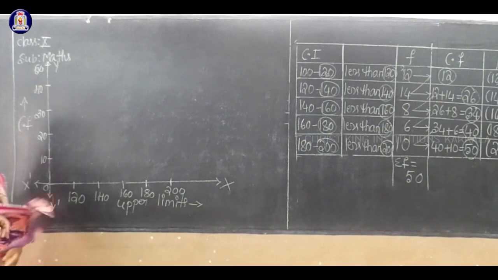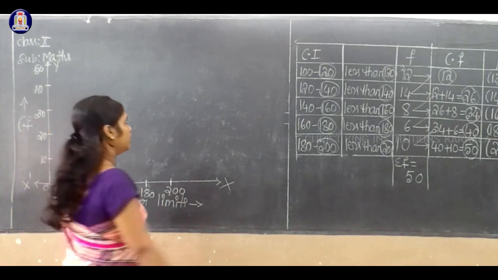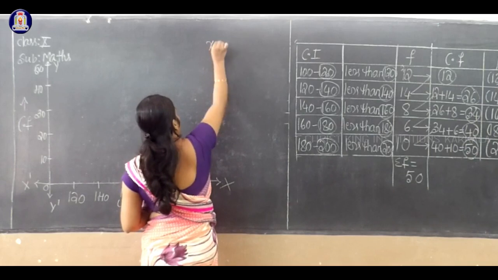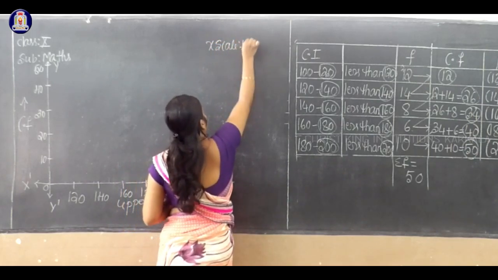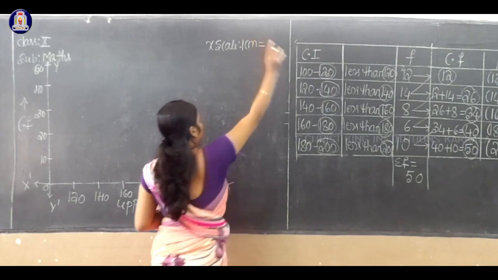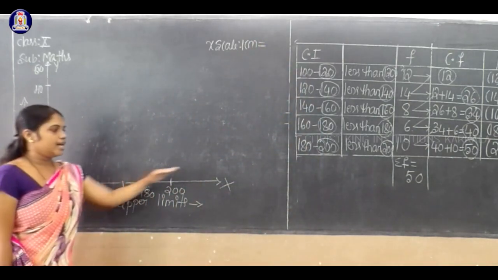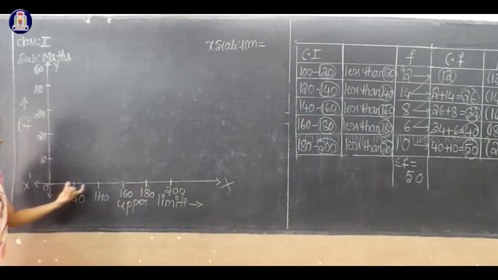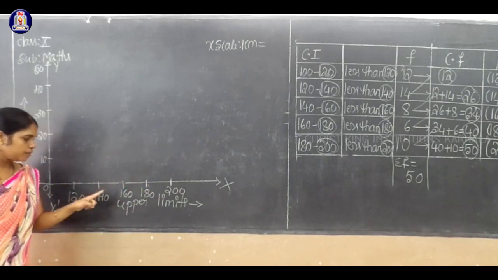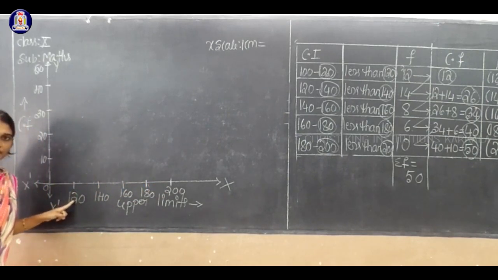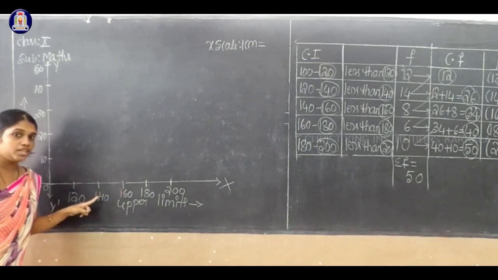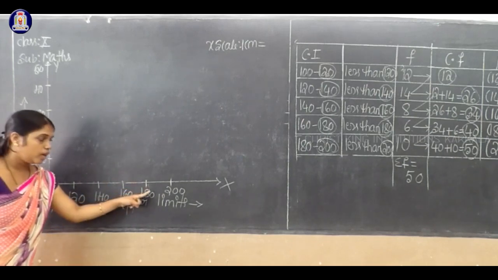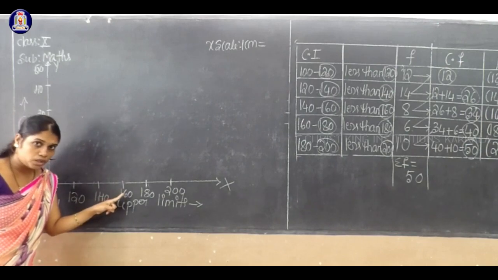So first I'll write the scale. This is important. X scale, 1 centimeter equal to. Along the x-axis, 1 centimeter is equal to how many units? 140 minus 120 equal to how much? 20. 160 minus 140 equal to 20. 180 minus 160 equal to 20.